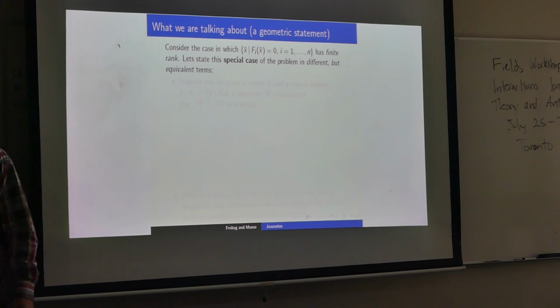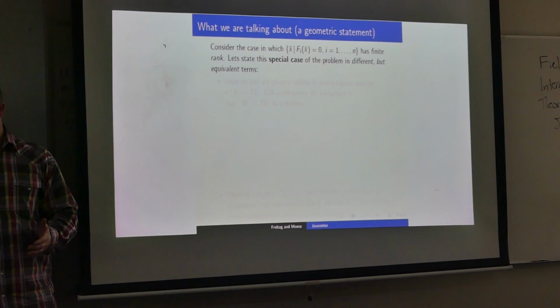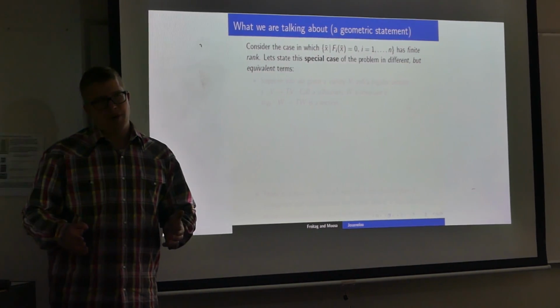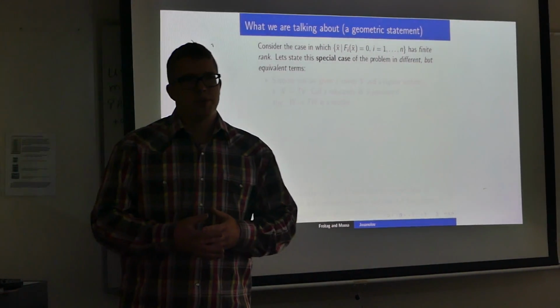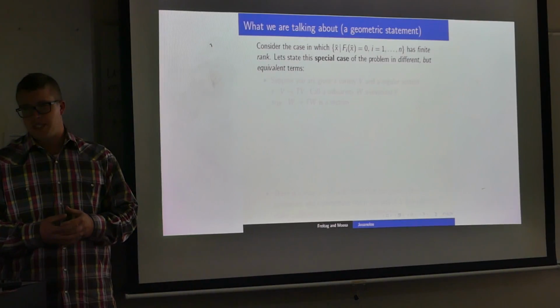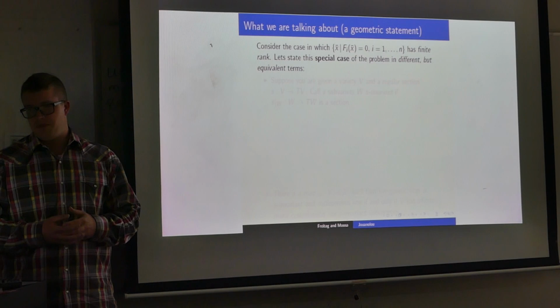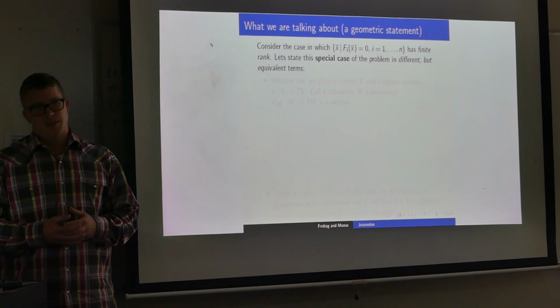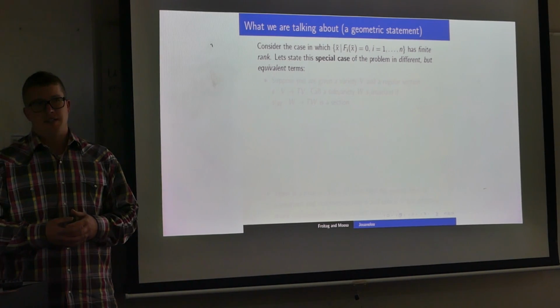Okay, so most likely we're going to focus on the case where the system has finite rank. And if you remember Dave Marker's talk from yesterday, what that means is that the transcendence degree of the differential function field of the variety is finite.